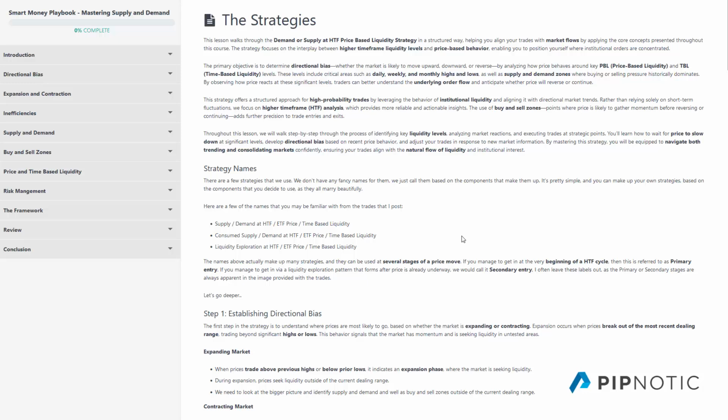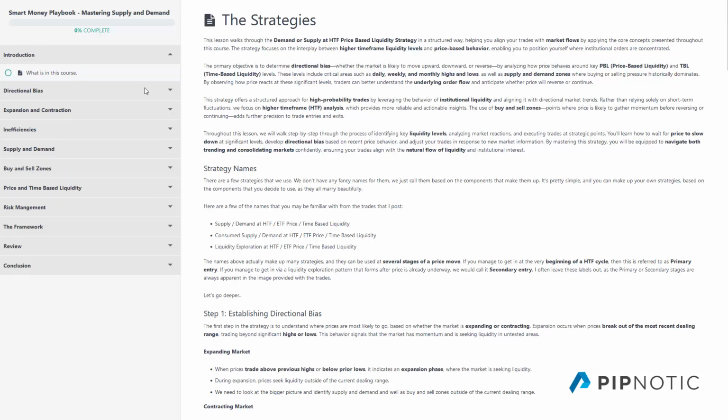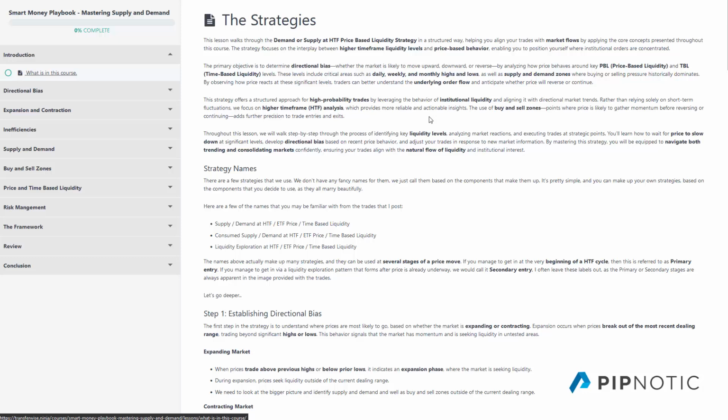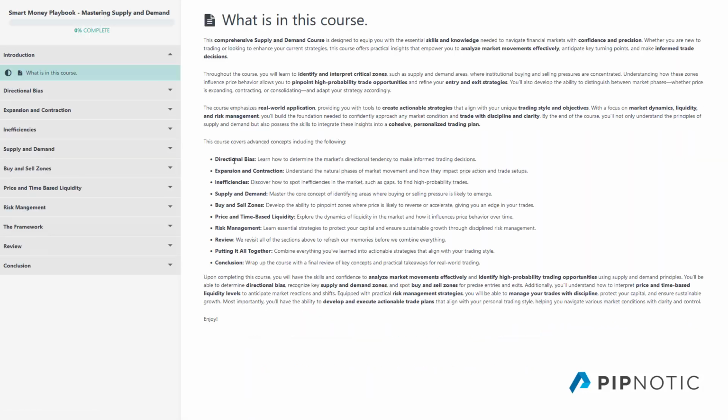Currently it's in, I suppose you could call it a development environment, but the course looks a little bit like this. If we have a look at the course overview, we have all of the details of the stuff that I've been talking about for the past 10, 12 years, and it's all jotted down in this very well structured course.